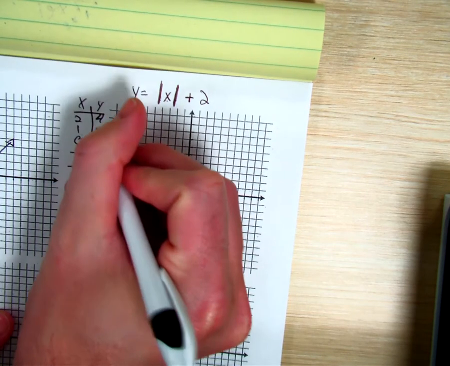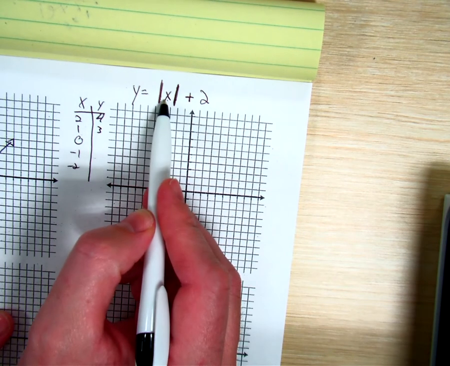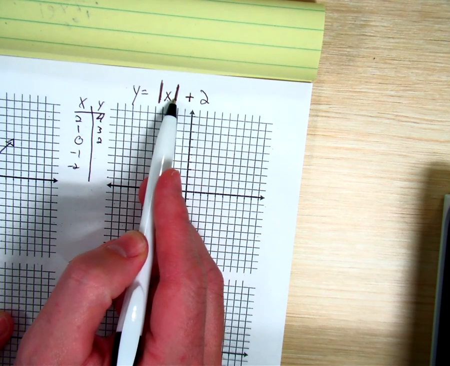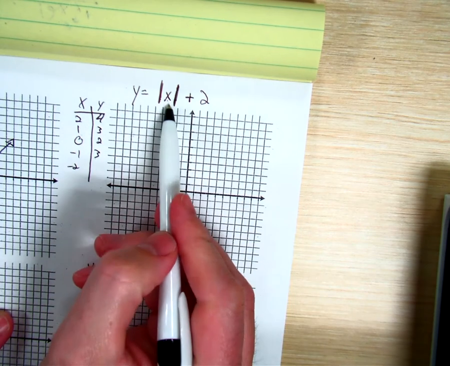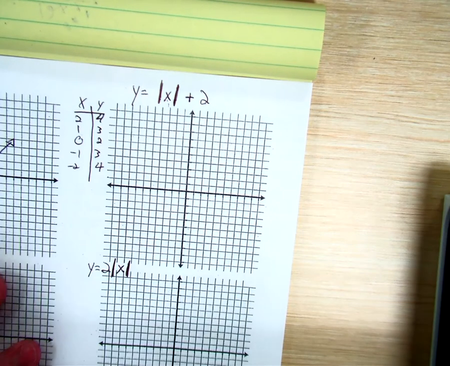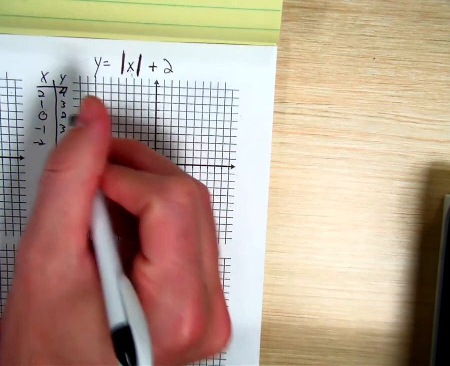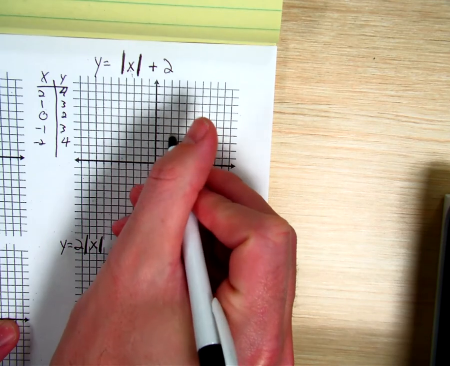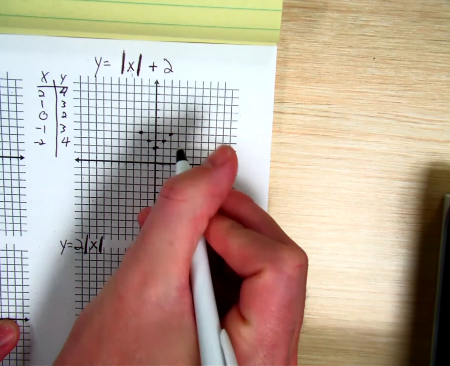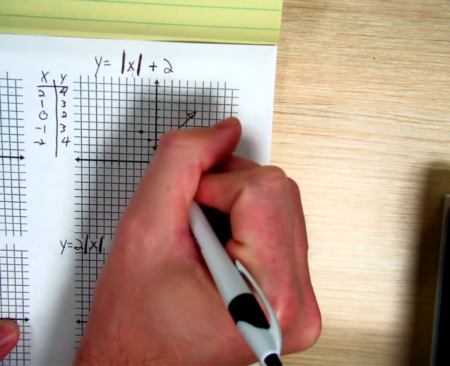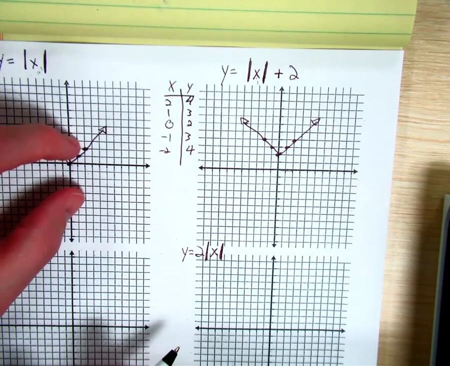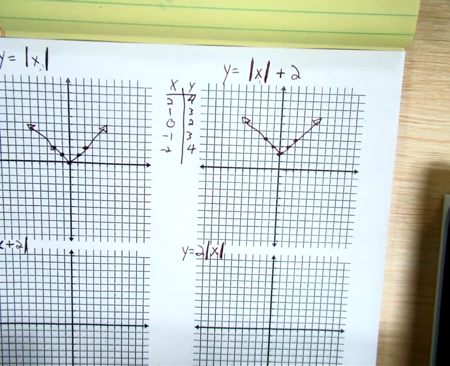Absolute value of 1 is 1, plus 2 makes it 3. 0 is 0, plus 2 is 2. Negative 1 comes out as positive 1, plus 2 makes it 3. Negative 2 comes out as positive 2, plus 2 more makes it 4. So we'll have 2, 4; 1, 3; 0, 2; negative 1, 3; negative 2, 4. It's the same graph, it's just everything got bumped up 2 spots.